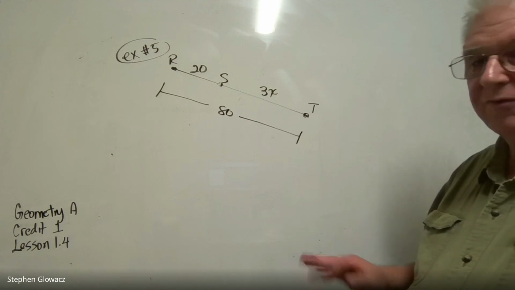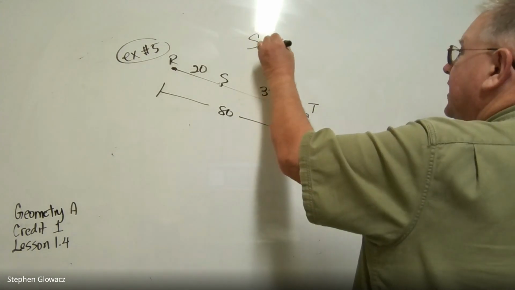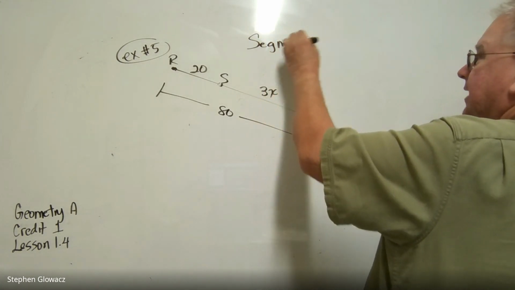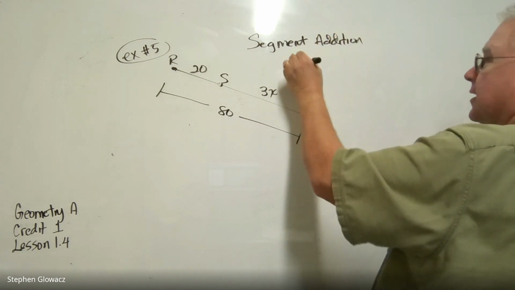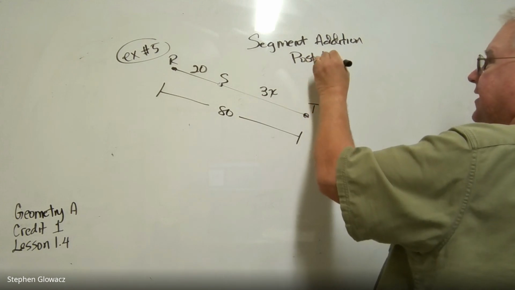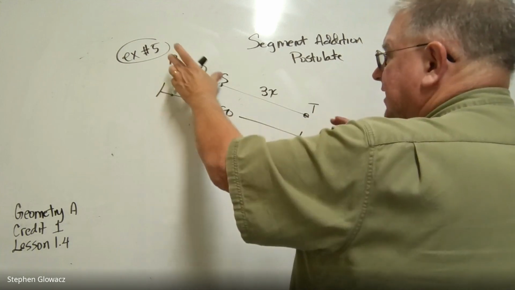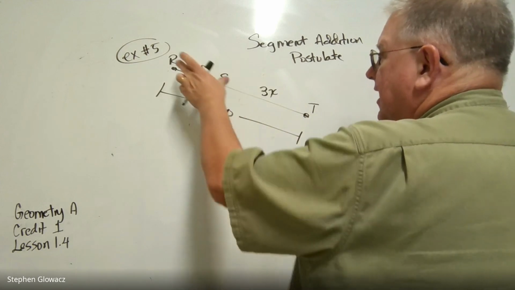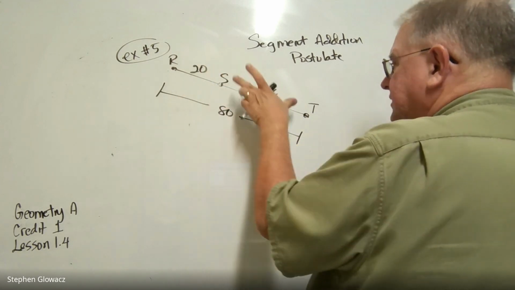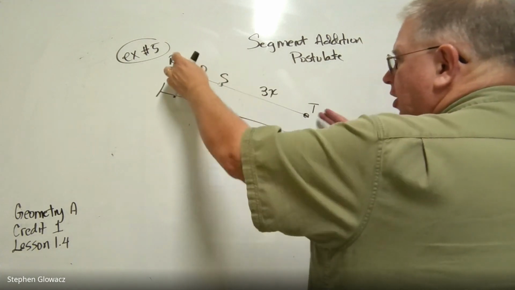So remember back from the first lesson, something called the segment addition postulate. In fact, let's write that up here. Segment addition postulate. And that said that if we have a larger segment and it's cut into two pieces, whether the pieces are equal or not, this one piece plus the other piece equals the original larger segment.